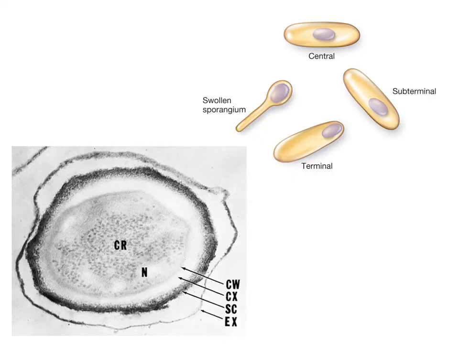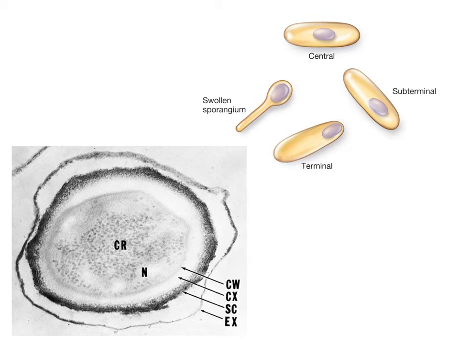Now, the position of the endospore inside the mother cell, or sporangium, frequently differs among different bacterial species. So this makes it quite valuable in terms of identification at the species level. Endospores may be centrally located, as you can see here at the top right-hand side of the screen.